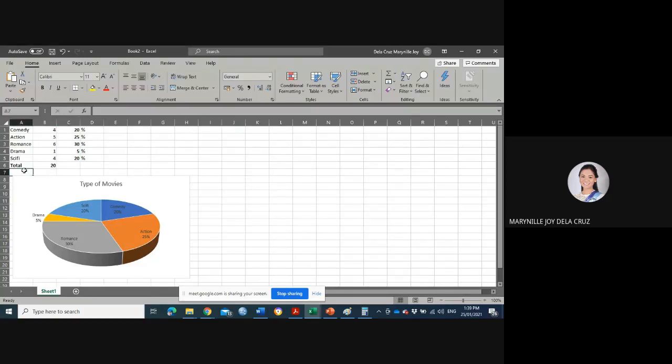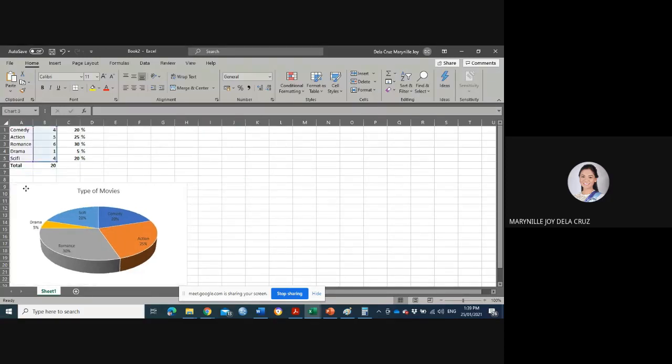So for example, this chart is Figure 1. Figure 1, period, types of movies liked by your friends. Okay, so this is your Figure 1.